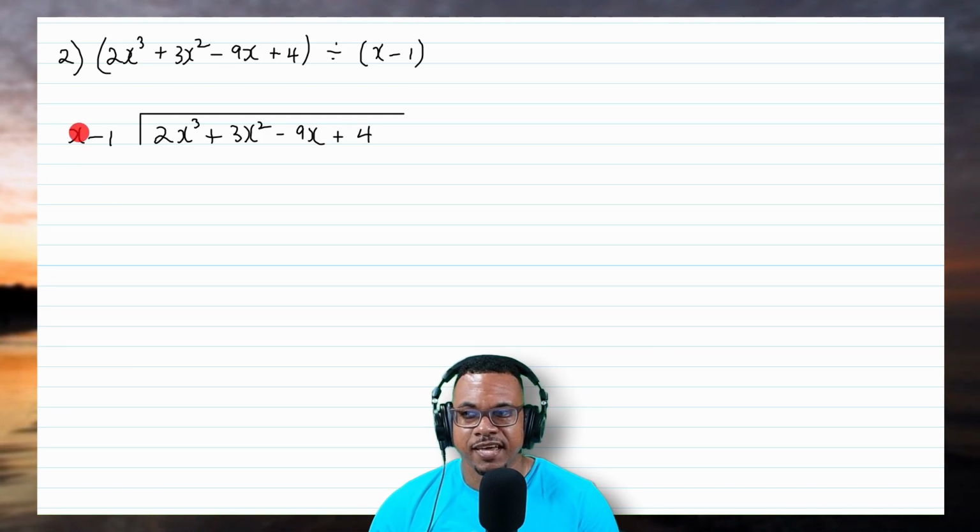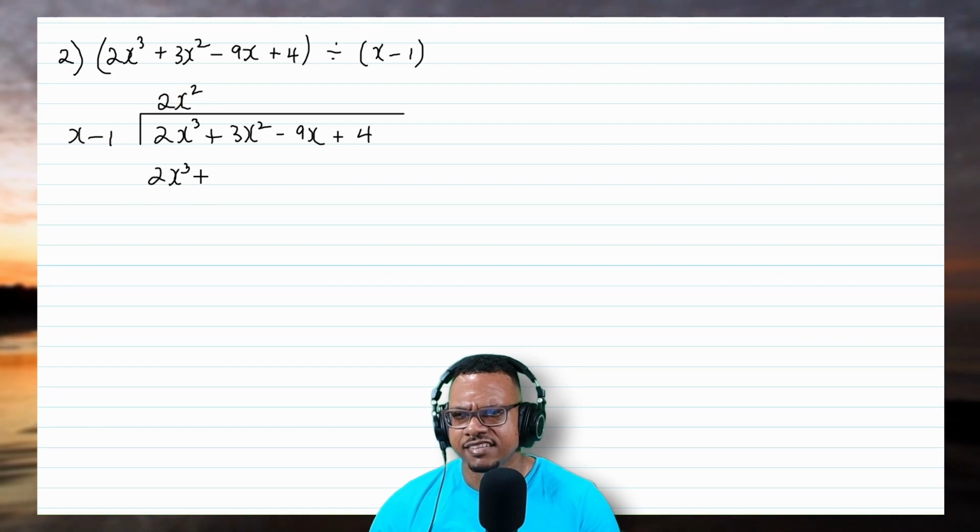So I'm going to say this first term x, my first term on the outside, with my first term on the inside. So x into 2x cubed, we're going to get 2x squared. Then we're going to have 2x squared multiplied by x, which will just give you back 2x cubed. And we're going to multiply 2x squared with the negative 1 and get negative 2x squared.